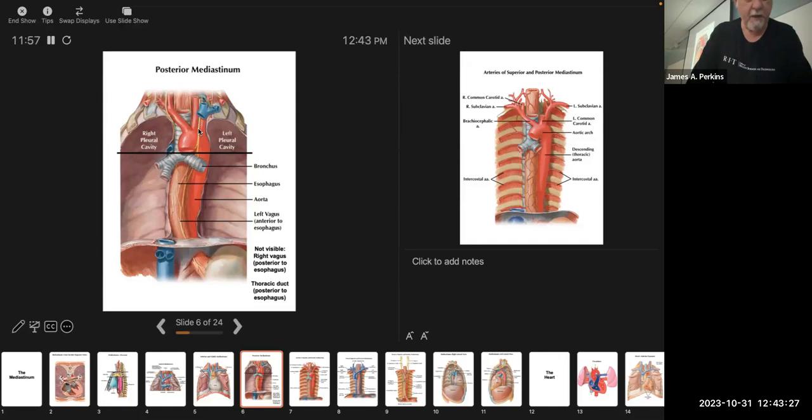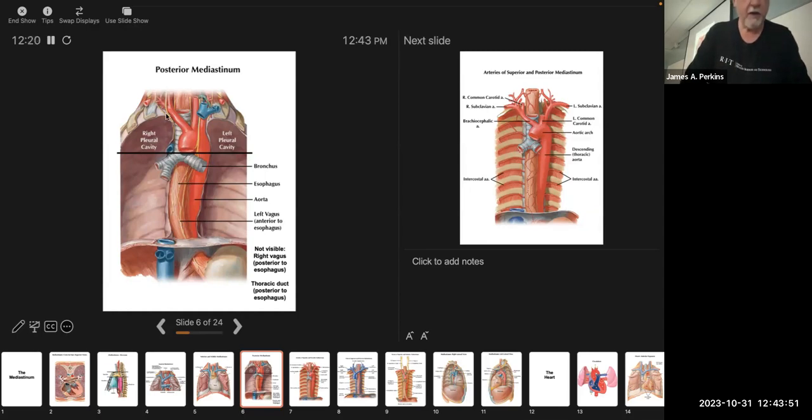You can see it higher up as it crosses the aortic arch, right where it gives off the recurrent laryngeal nerve. After that, the left vagus ends up lying on the anterior surface of the esophagus, and it's sometimes called the anterior esophageal plexus. But it's really just vagus nerve that sits on the front of the esophagus.